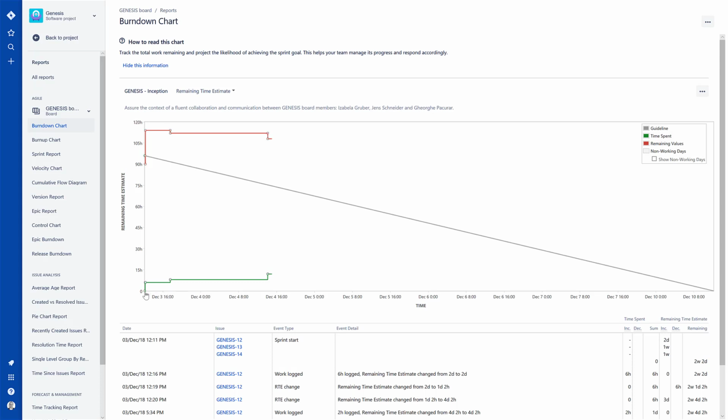So we started our project at the beginning of 3rd of December, hour 12 and 11 minutes, and it's planned to be finished on 10th of December on the 12th hour. That means a 5 working day project, a 1 week project.